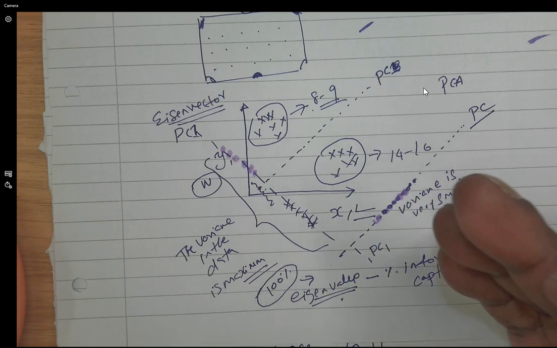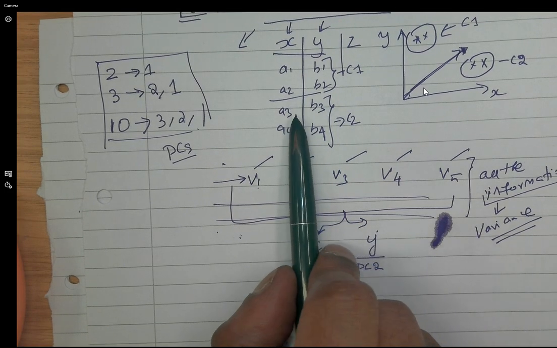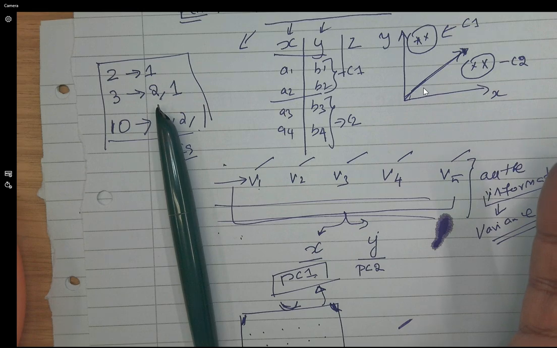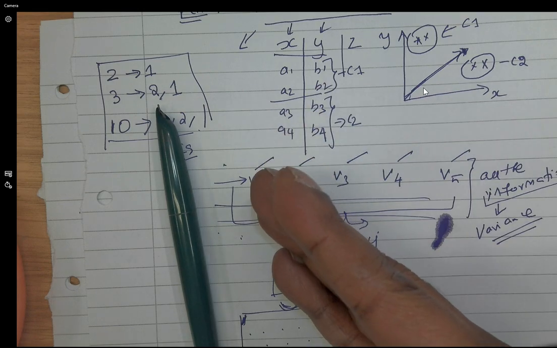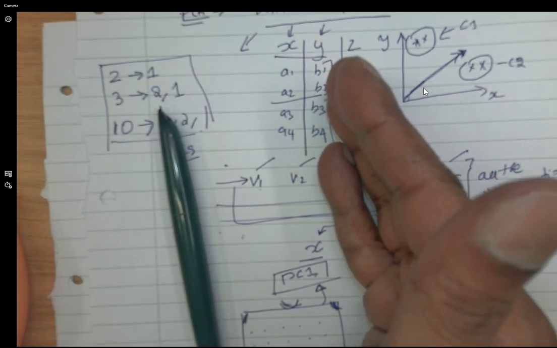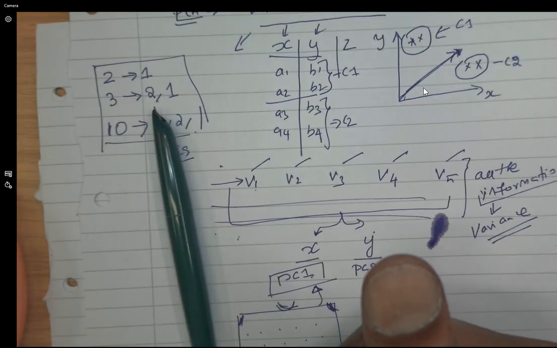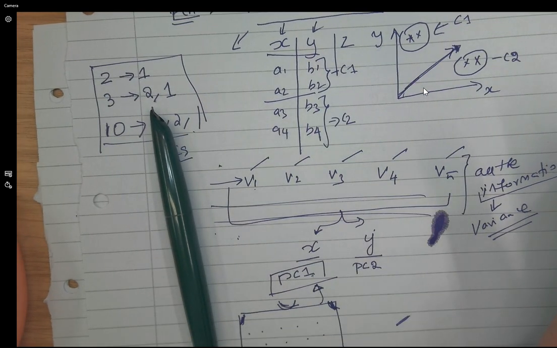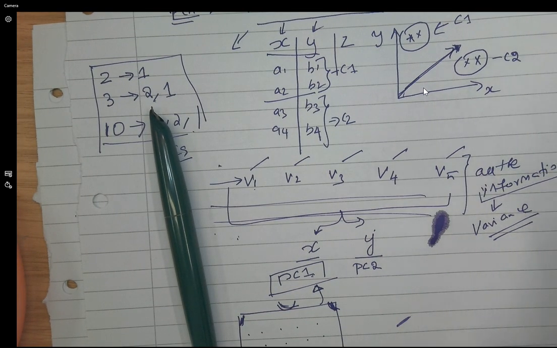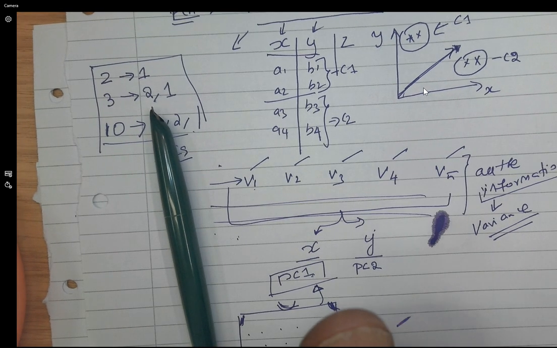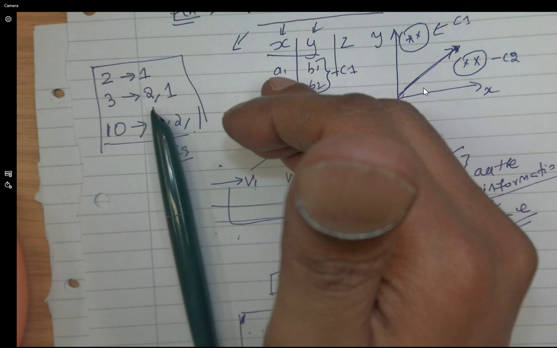The same algorithm that we use to reduce, for example, this type of problem, x and y, 2 dimensions to 1 dimension, is the same algorithm you use to reduce a data set that contains, say, 100 columns and several thousands of rows. The same algorithm, same number of steps, same rules to reduce the number of dimensions, and we capture the information in such big data into just 2 components.